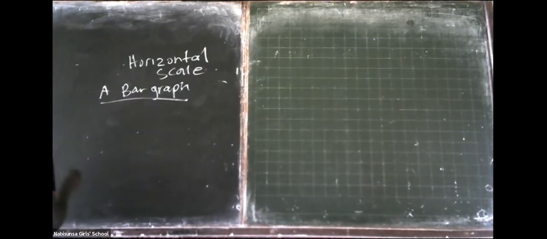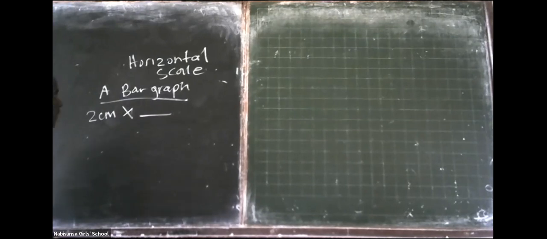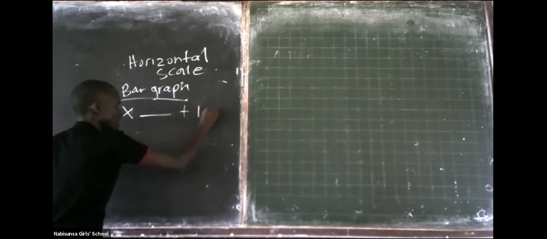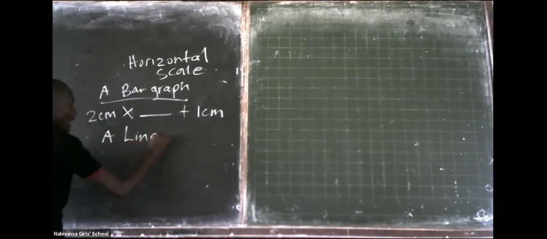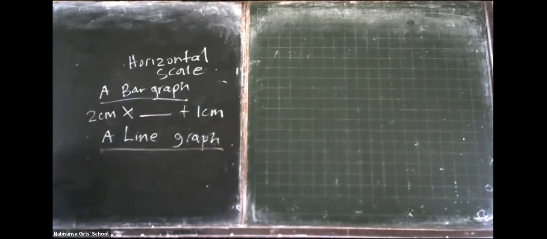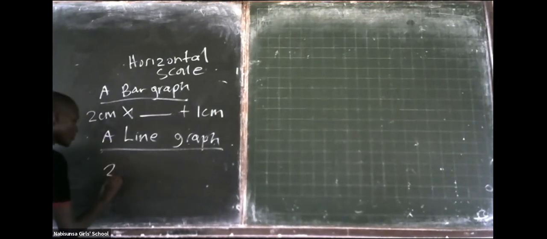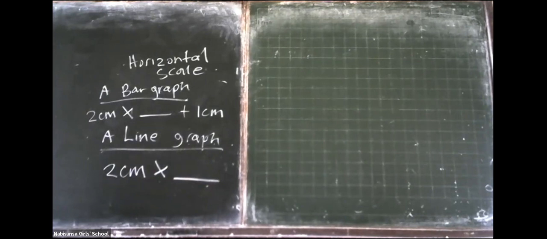The formula is simple: 2 centimeters times the number of items on that table plus 1 centimeter. For a line graph, this is the formula. I'm going to explain why we use that formula. For a line graph, we are going to say 2 centimeters times the number of items.